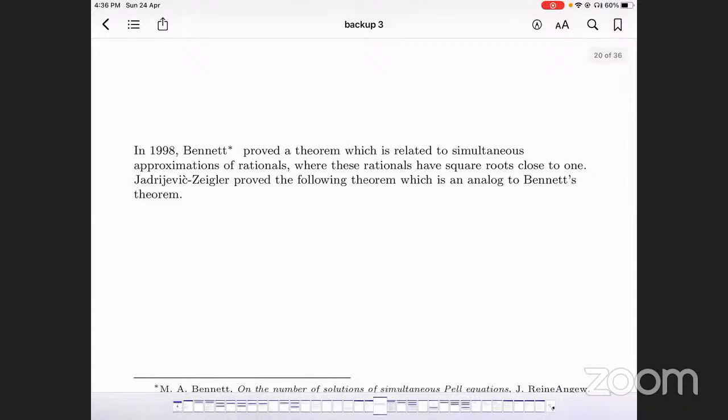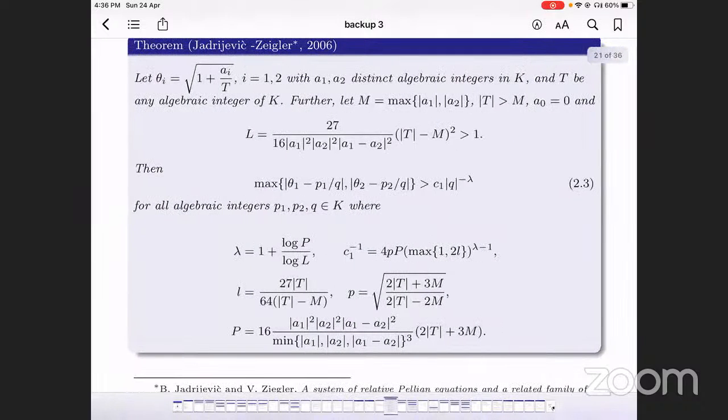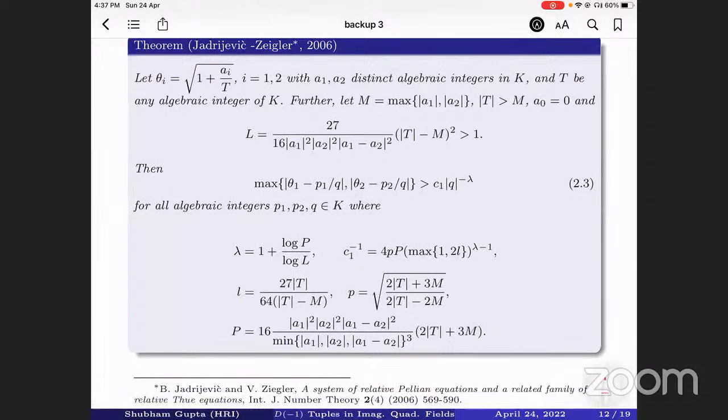In 1998, Bennett proved a theorem related to simultaneous approximation of square roots. Analogously, Jarvis, Chevik and Ziegler proved the following theorem. Let theta_i equal the square root of 1 plus a_i over t, where i is 1 and 2. a_1 and a_2 are distinct algebraic integers, t is any algebraic integer, and let M, T, A_0 and L be defined like this.